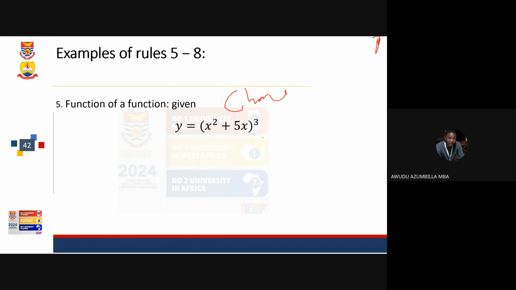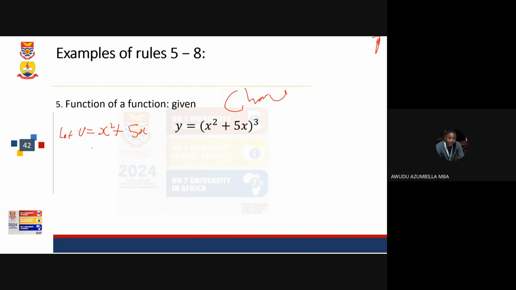Now, what do we do? The chain rule says let u be equal to x squared plus 5x.